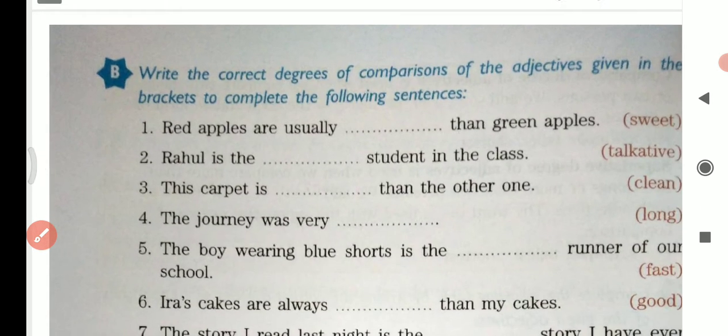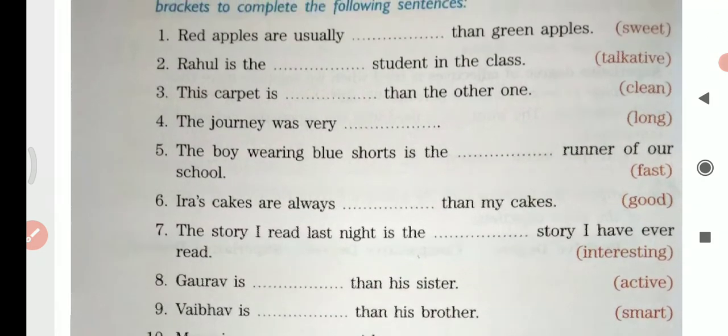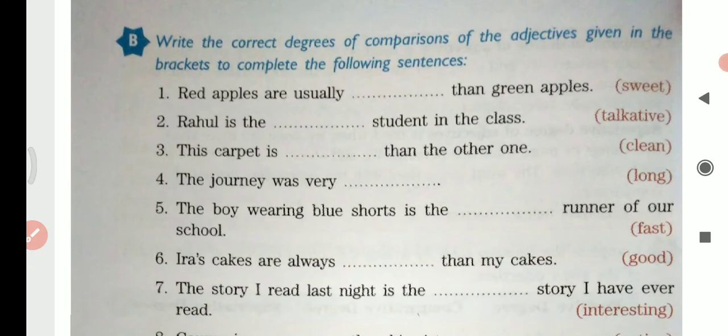Now let's move to question number B. Write the correct degrees of comparisons of the adjectives given in the brackets to complete the following sentences. There are 10 sentences given and in the brackets adjectives are given. You have to write the correct degree of comparison on the basis of the sentences. Let's start with the first one.